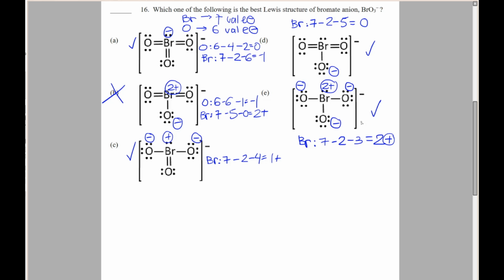So we've eliminated B, but we still have 4 answer choices to go through. And that might be daunting, but there are some tricks. So first of all, we want to find one of the Lewis structures where the negative charge is sitting on the more electronegative atom.